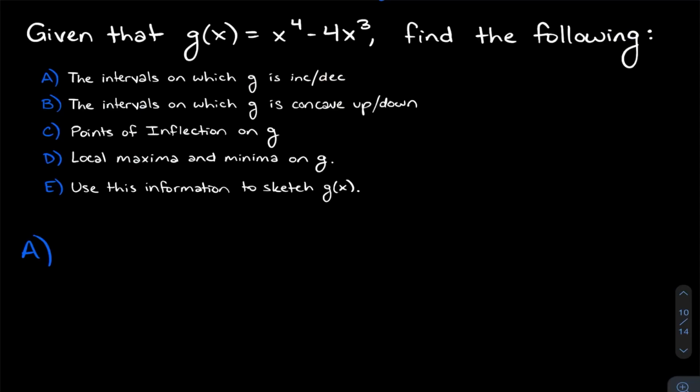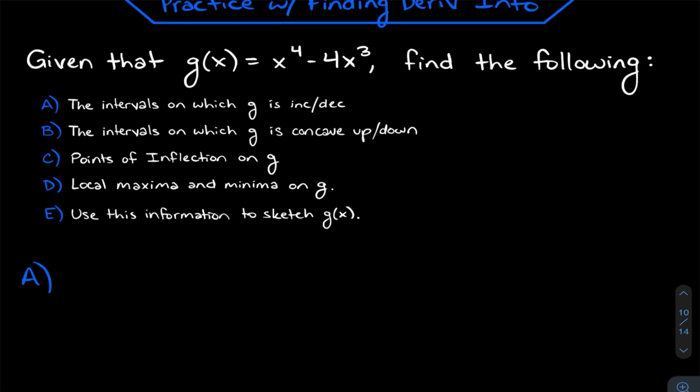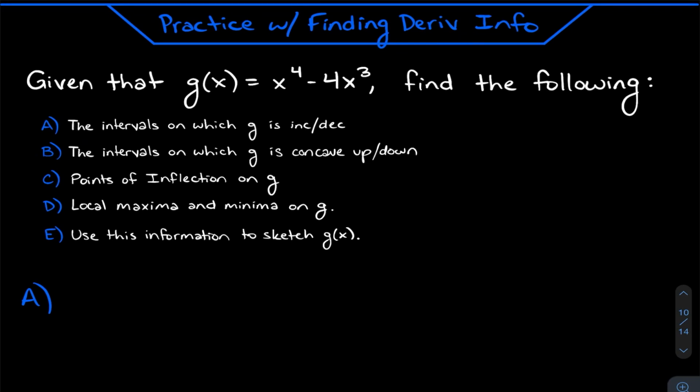Totally. So, part A is telling us to find the intervals on which g is increasing or decreasing. And to start off with that, we'll take our first derivative, set it equal to 0, find the critical points, make a sign chart, and there you go, right? And then you'll notice that I have concave up coming right after increasing and decreasing, and not maximum and minimum, because in this case, I'm going to have you use the second derivative test, possibly.